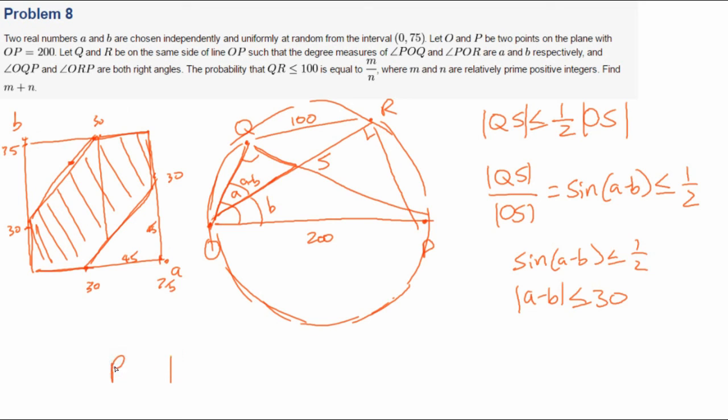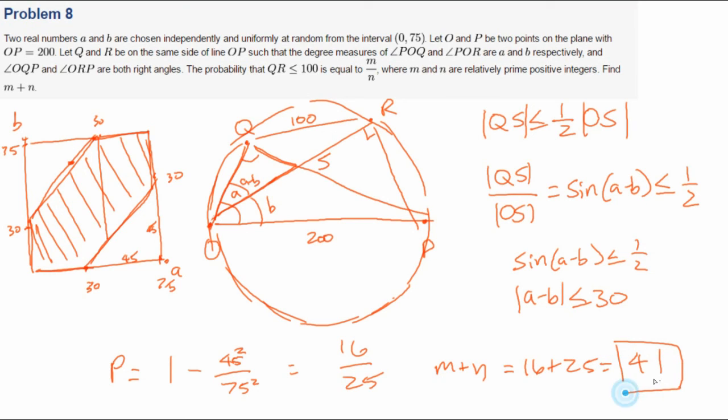So the probability equals 1 minus 45 squared over 75 squared, which is equal to 16 over 25. And if you add those together, because we want m plus n, the numerator and the denominator, we get 41. So that's the answer.